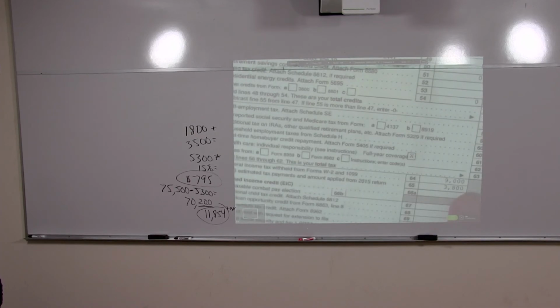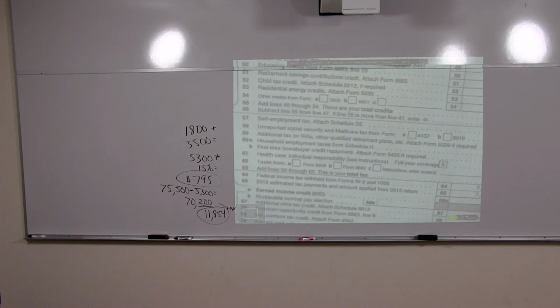Now we get down here to line 64 and 65. This is where we enter what payments we have made. So she has made payments for her federal income taxes in 2 ways, through withholding and through additional estimated payments.